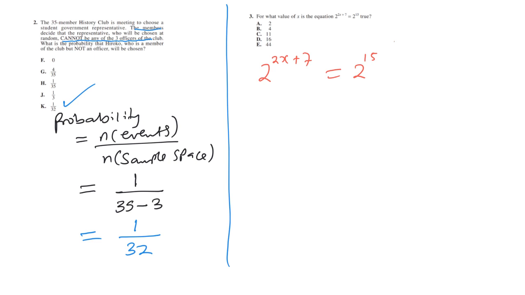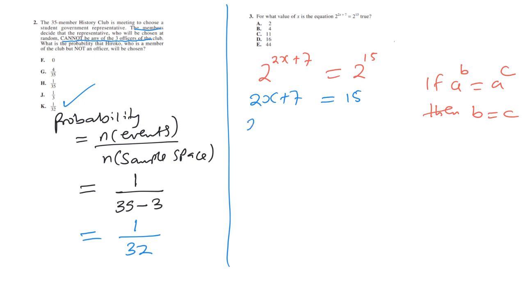So the base is 2. Now, this is true in indices: if a to power b is equal to a to power c, then the powers are equal, b is equal to c. So what are we saying here? We get 2x plus 7 and equate it to 15. Since 2 to power 2x plus 7 is equal to 2 to power 15, then those powers are exactly the same. So what value of x makes it true?